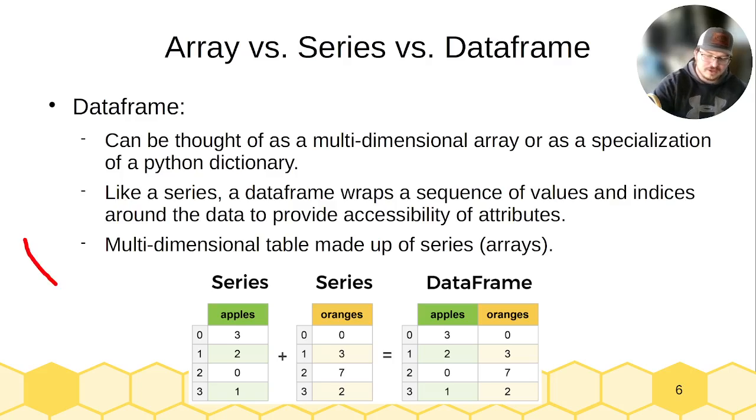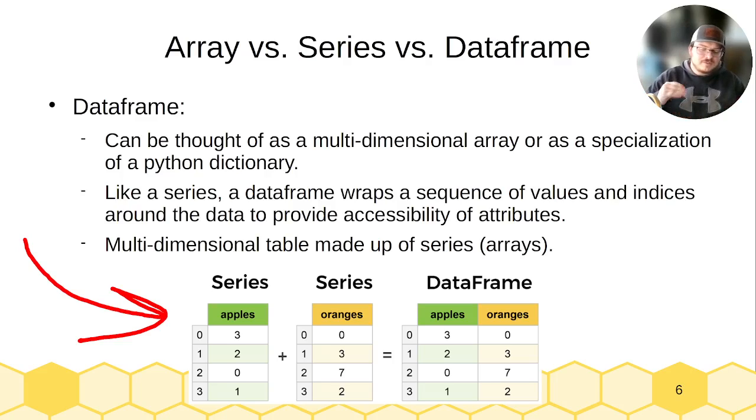All right, so if we look at this image on the bottom here, you can see it says series plus series equals data frame, right? And that is correct. So on the last example, when we were talking about the apples, I said, okay, the 0, 1, 2, 3, maybe those represent people. Paul, Juan, Bethany, Robert. I don't remember the names I said, but that's what we're going with for now.